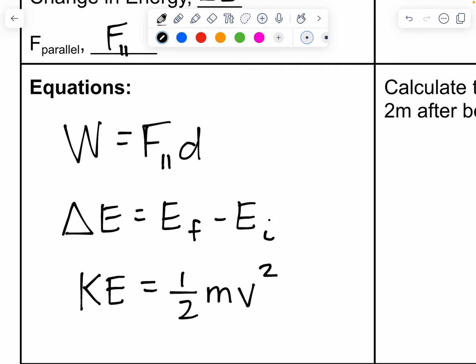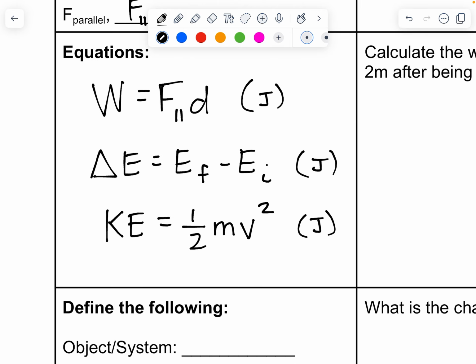That would be capital J. So just keep in mind that the unit for energy and work is joules. And finally, one last equation is the work on an object is equal to its change in kinetic energy. So if you speed up an object, then something is doing positive work on it. If you slow down an object, something is doing negative work on it.